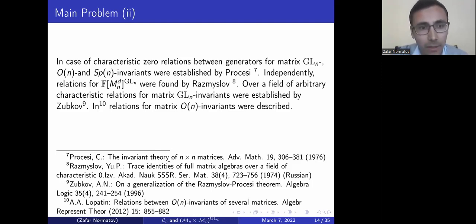Also independently, Razmyslov found the relations for GL_n invariants. Over a field of arbitrary characteristic, relations for matrix GL_n invariants were established by Zubkov in this paper. In this paper, Lopatin described the relations for matrices O_n invariants.